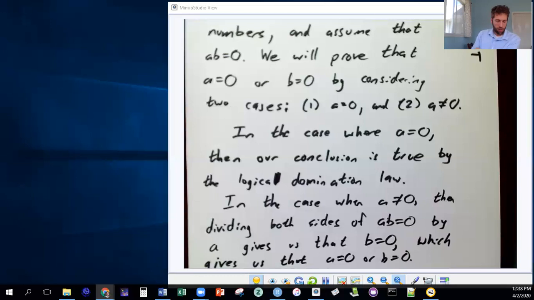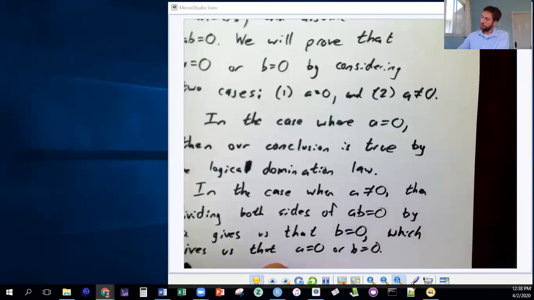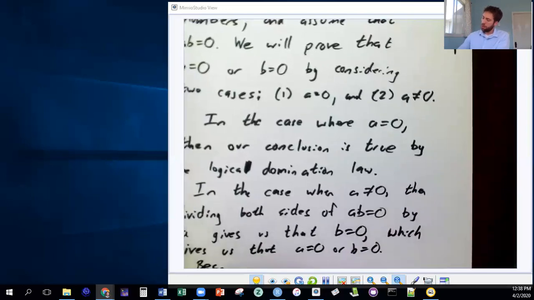A good example of wrapping up two cases would be: because we've proven both cases, the conclusion holds.